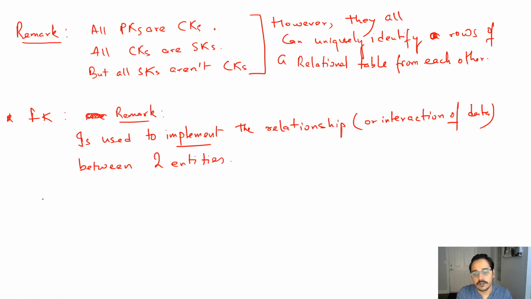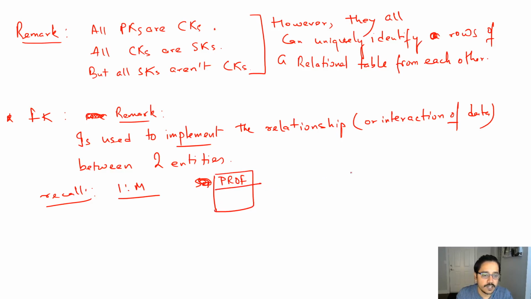So now recall the different types of relationship that we were discussing. We were talking about 1:m, and then we had this relationship where, if we use the crow's foot notation here, the professor advises multiple students.